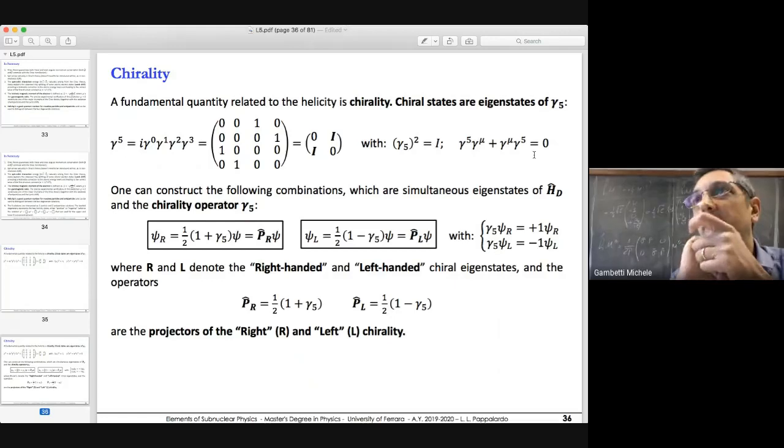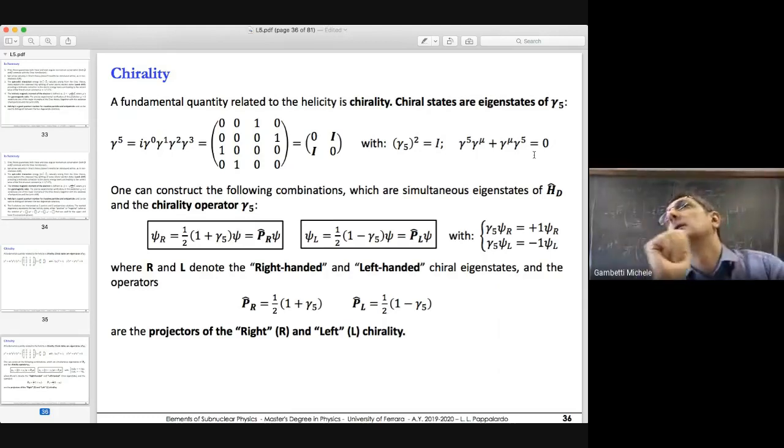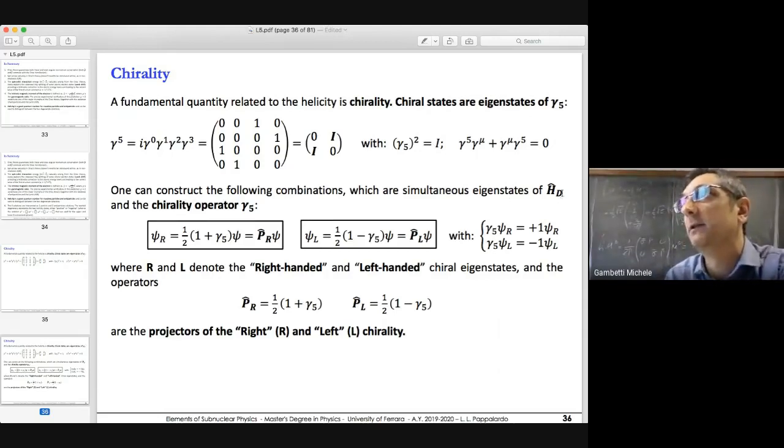Now, once we have introduced chirality, we can construct the following combinations of solutions, okay, which are simultaneous eigenstates of the Dirac Hamiltonian and the chirality operator. So R stands for right-handed. The right-handed chiral eigenstate is obtained from the standard spinor by multiplying by 1/2 (1 plus gamma 5).